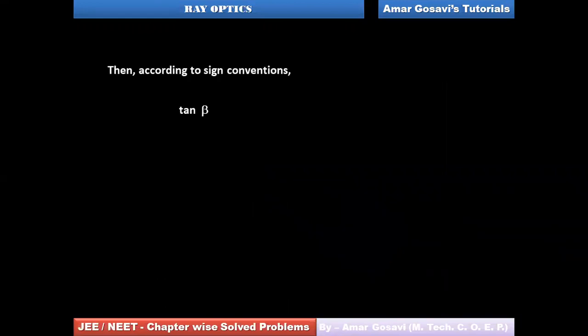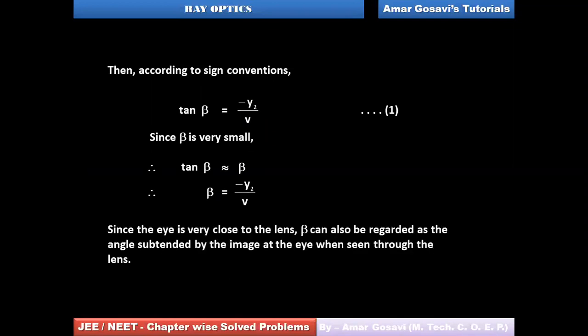According to sign conventions, tan beta will be minus y2 by v. Y2 is not minus, but v is minus. That's why it is minus y2 by v. Again, beta is small, so tan beta can be approximated to beta. So you have the equation beta equal to minus y2 by v.